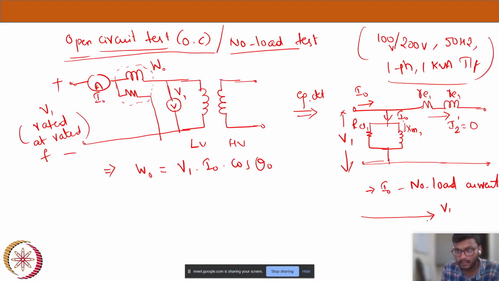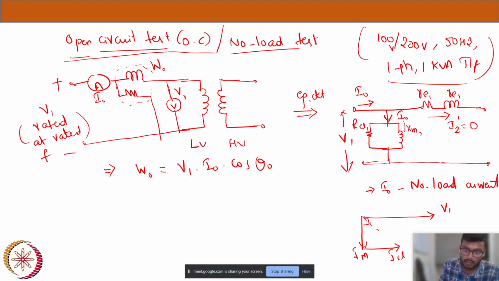Now let's say this is V1, that is the reference, and if you see the branches, I0 is the only current. We have an inductance, that is the magnetizing inductance, and a resistance. Across the magnetizing branch, the current is 90 degrees lagging because it's an inductor, and this is the current through the core loss resistance, that is ICL, because that current will be in phase with the applied voltage.